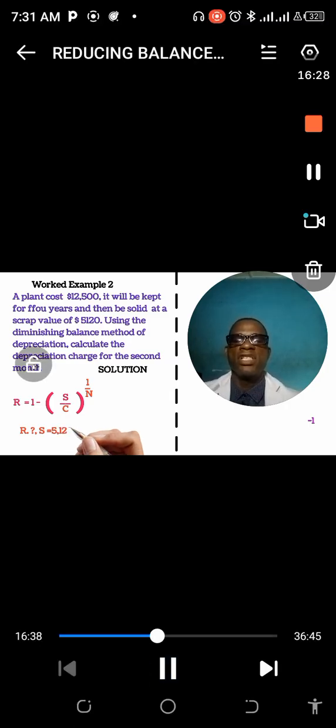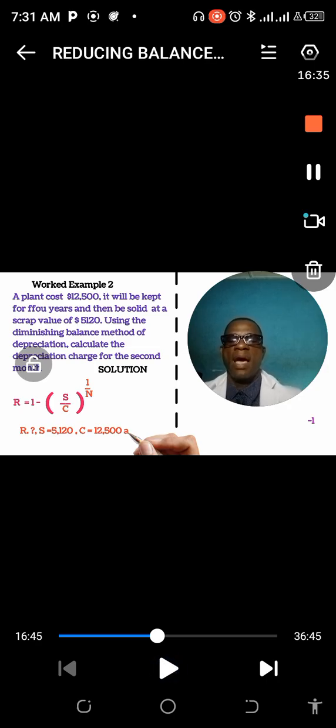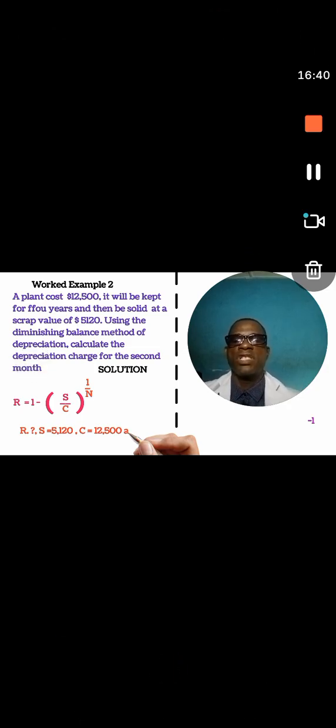Since the rate is not given, we are first going to calculate the rate. It is calculated with the formula that was given before, which is r equals 1 minus the nth root of s over c, that is (s/c) raised to the power 1/n, where r is not known. The scrap value is 5,120 and the cost is 12,500.